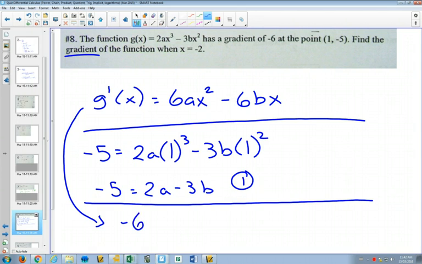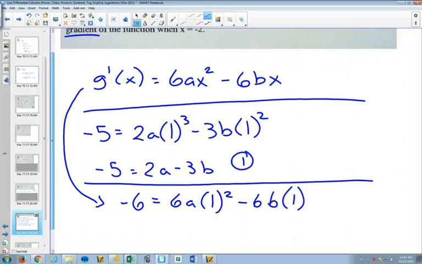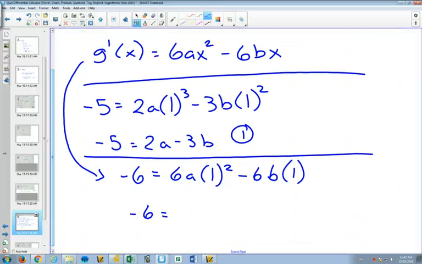I know the slope is negative 6 when x is equal to 1. Simplifying that a little bit gives me negative 6 is equal to 6a minus 6b. I'm going to call that equation 2.